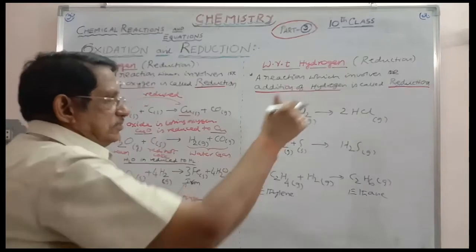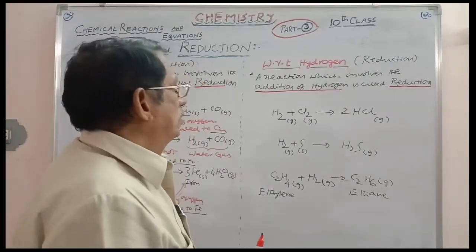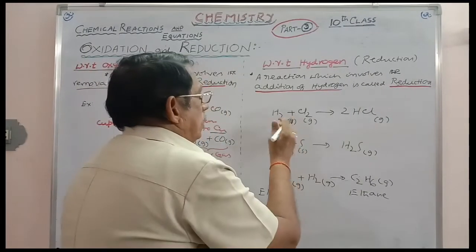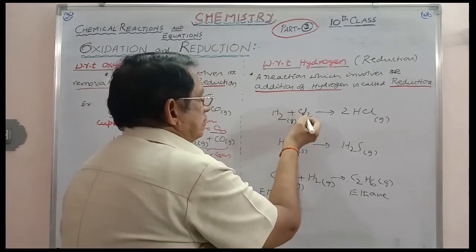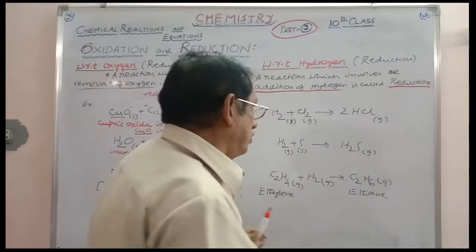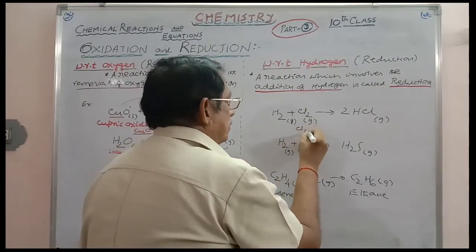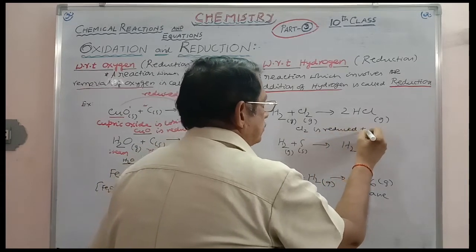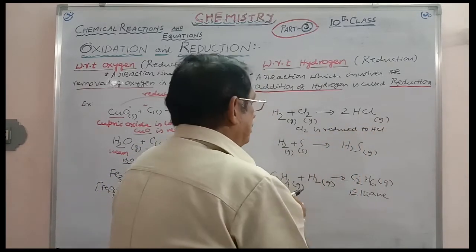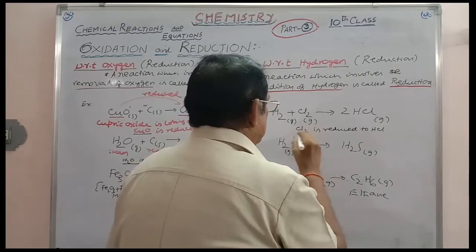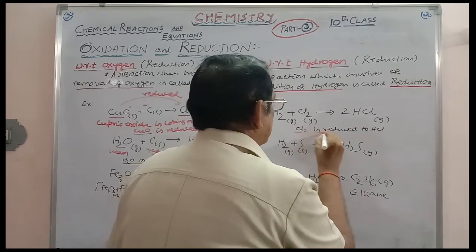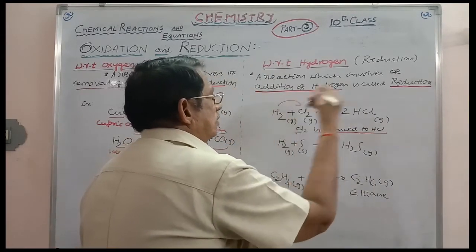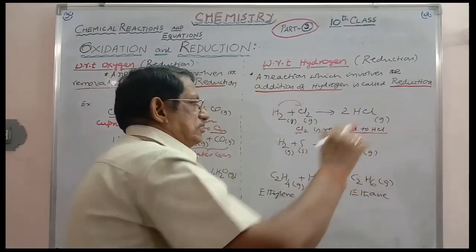Similarly, in the case of hydrogen, if you take H2 plus Cl2 gives 2HCl, an age-old equation, chlorine is taking hydrogen and so it is reduced to HCl. That means chlorine is reduced to HCl. Why is it so? Because chlorine is accepting H2, converting to HCl, so chlorine is reduced to HCl.